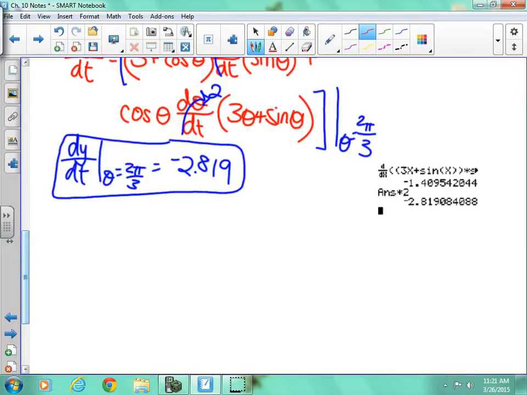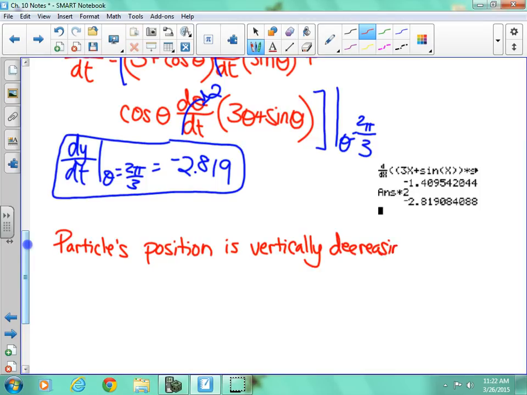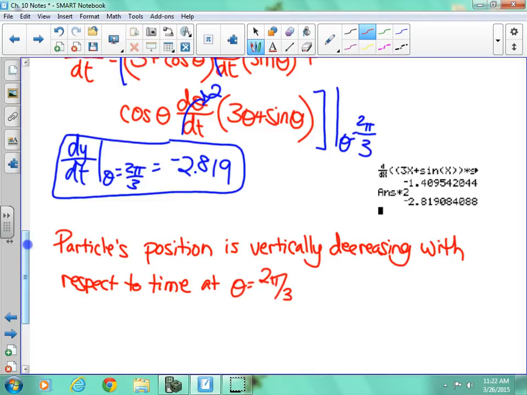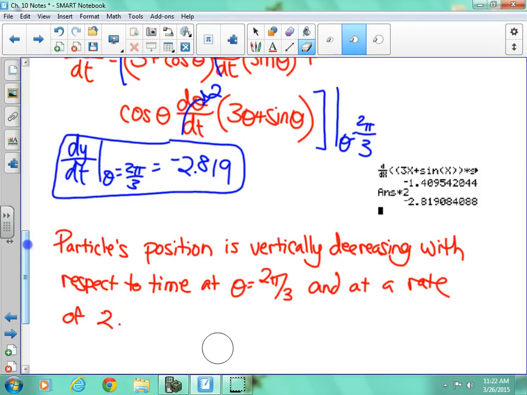Interpret. We could say that the particle position is vertically decreasing with respect to time at something.